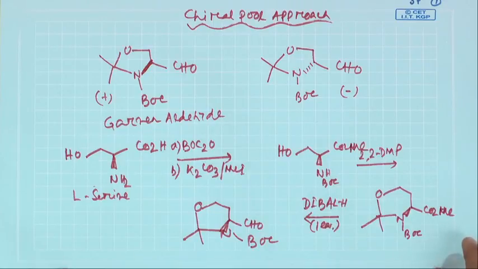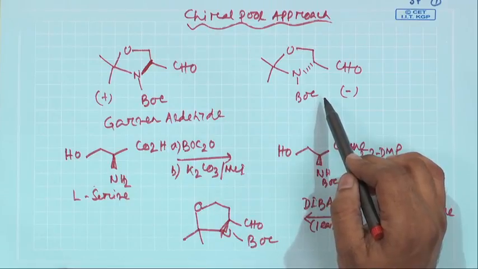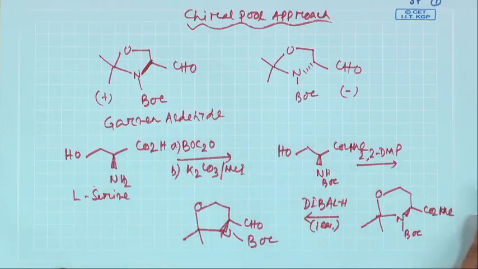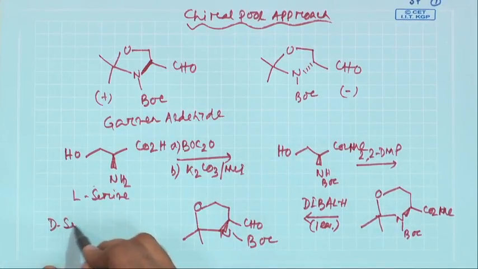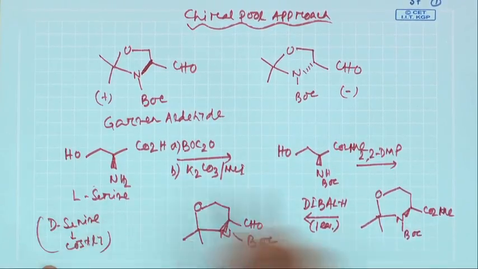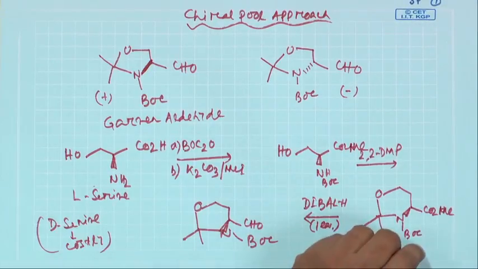Now, my next question is, for synthesizing the other enantiomer, in principle you need D-serine, where the stereocenter has been inverted, but D-serine is extremely costly. So, can you use a similar kind of L-amino acid, because L-amino acids are very cheap in nature?